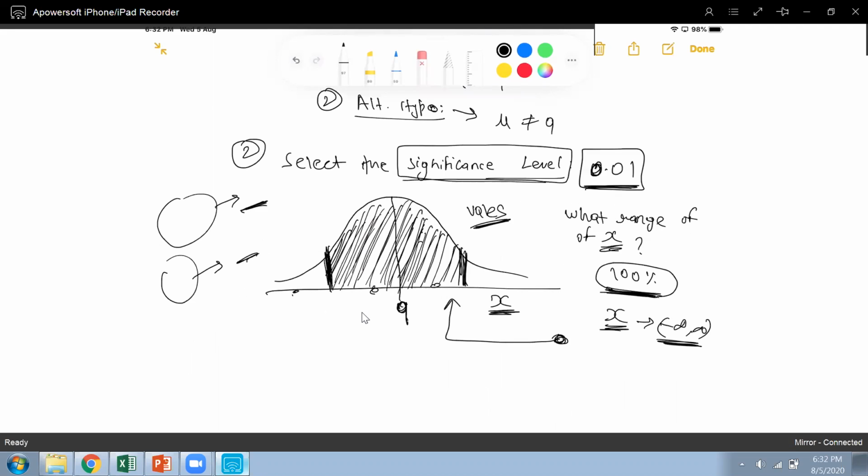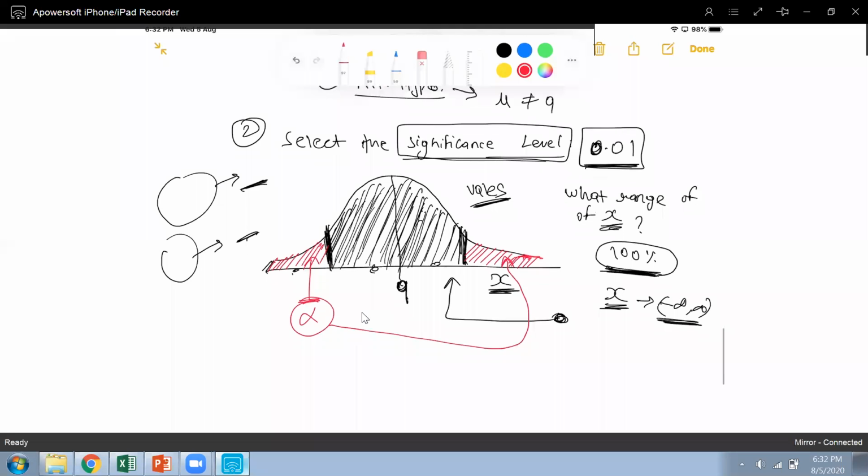So I defined a significance level. Basically the significance level will be this part where my null hypothesis is not true. I will define it by alpha, and alpha will be the area of these red regions. That means here I will be rejecting my null hypothesis.